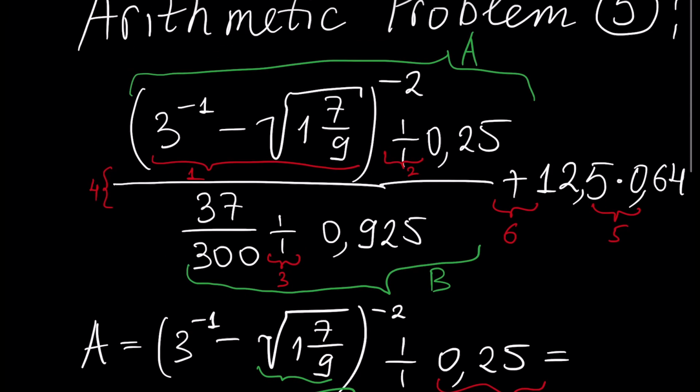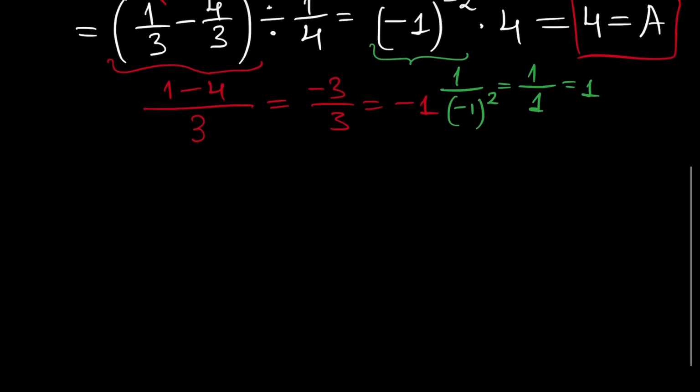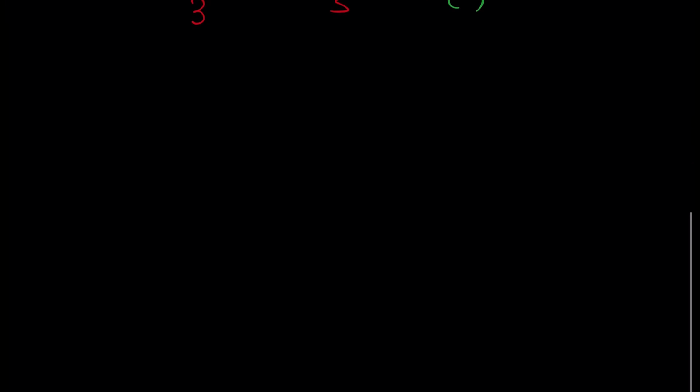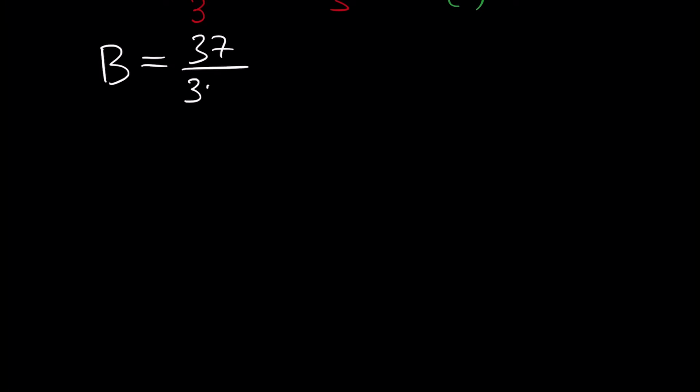Next, we calculated our A, and let's calculate our B. Let's rewrite our B. B is equal to 37 over 300 divided by 0.0925.